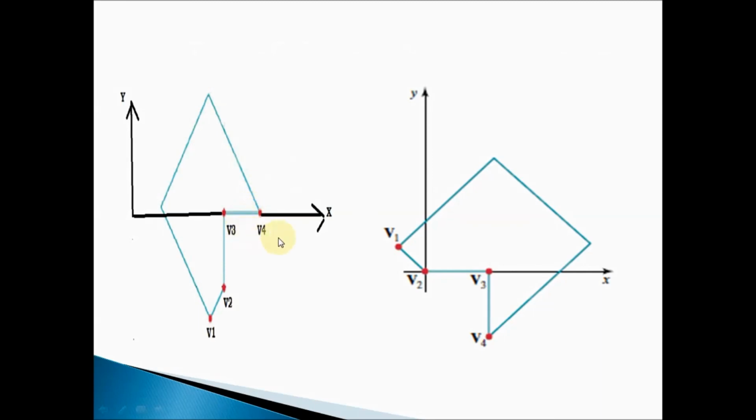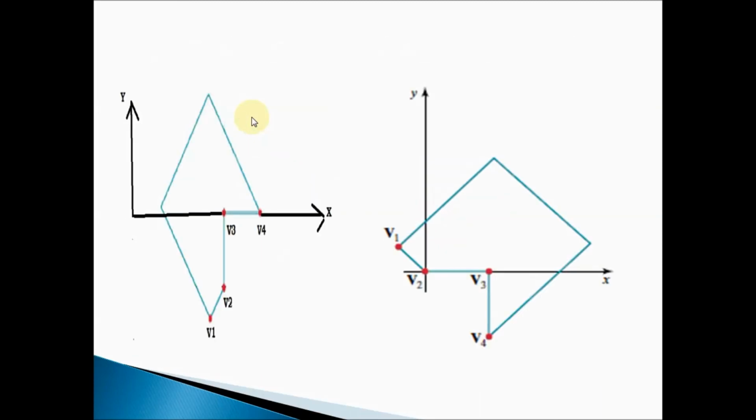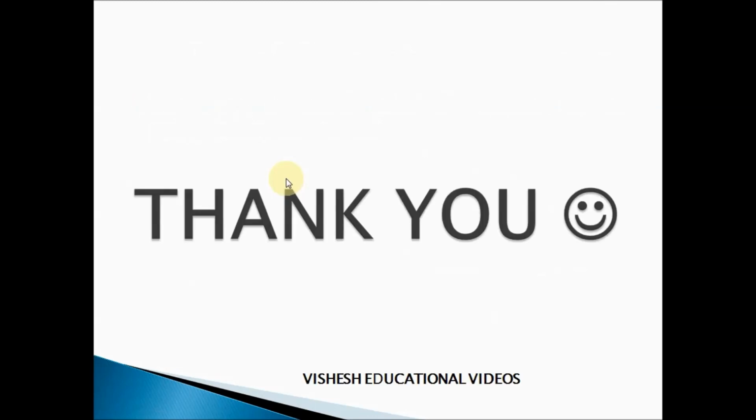Suppose you have some extra vertices like v5, v6, and so on, you have to repeat the step until all the vertices are finished. Getting guys?